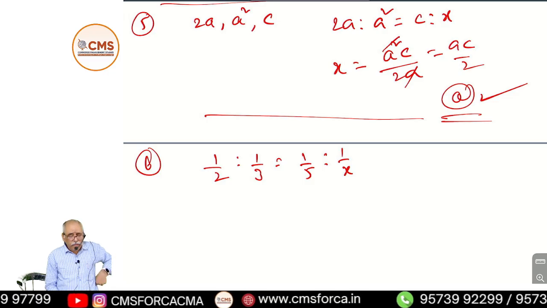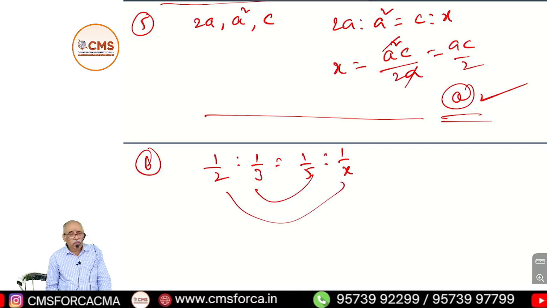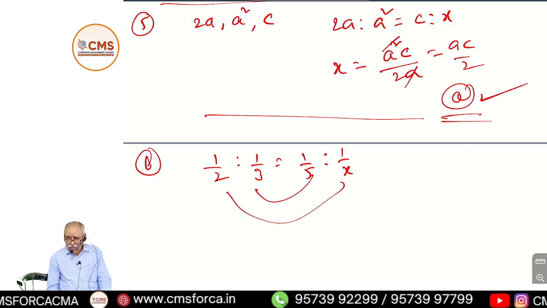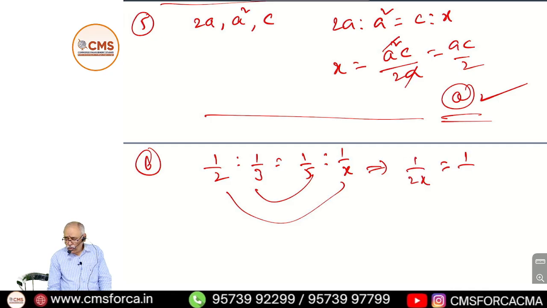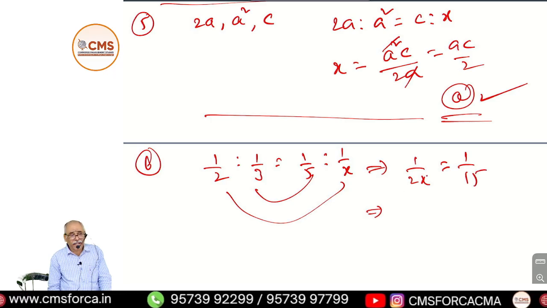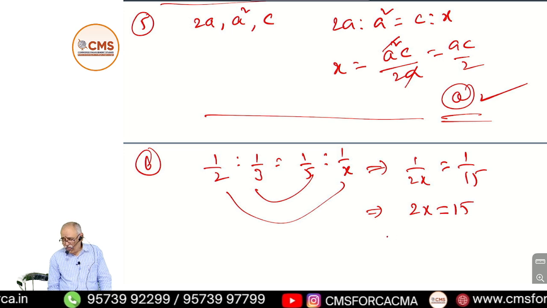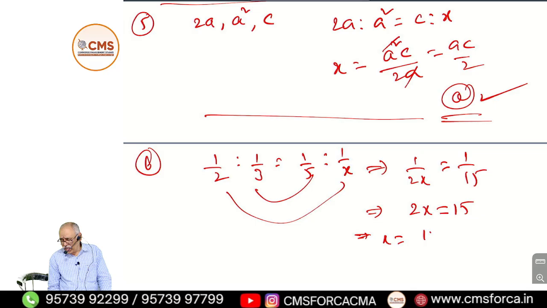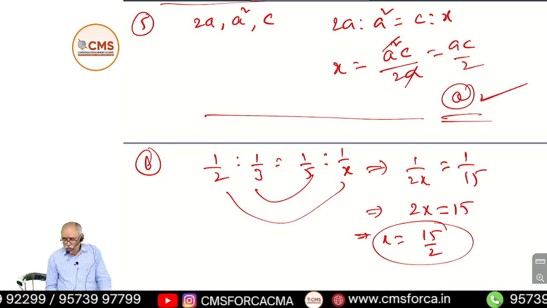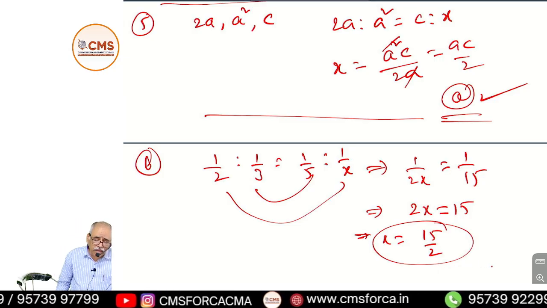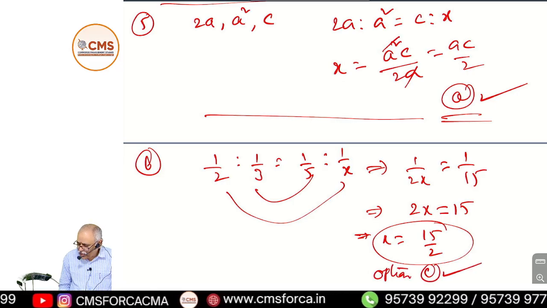Product of means is equal to product of extremes. So 1 by 2x is equal to 1 by 15. Numerators are the same, so equate denominators: 2x is equal to 15. X is equal to 15 by 2. So it is option C. Option C is correct.